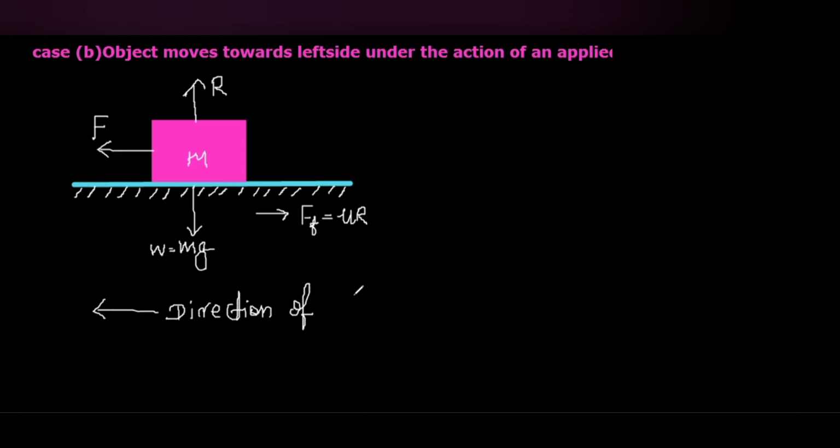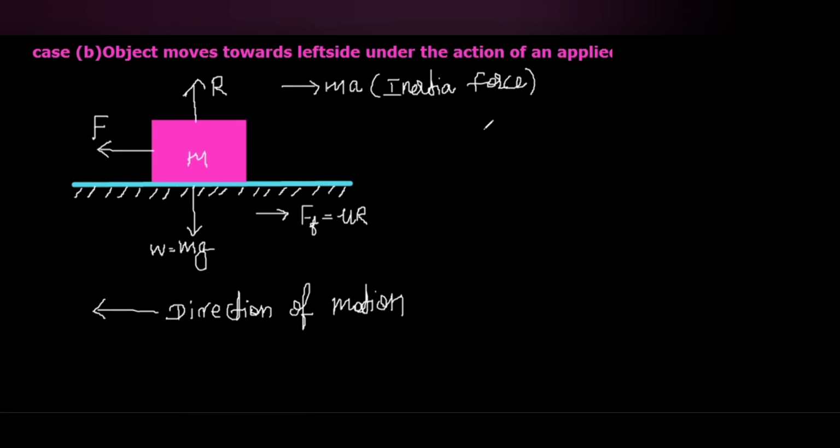When the object moves towards left side, then the inertia force, numerically mass multiplied with the acceleration, will act opposite to the direction of motion. Here, due to the net force F minus Ff, the object moves towards left side, so the direction of motion is towards left side, so the inertia force will act towards right side.